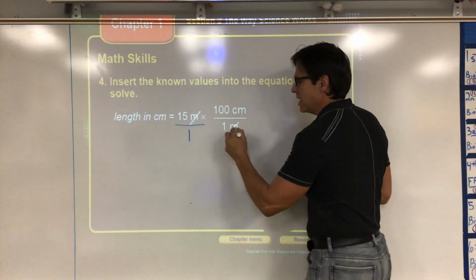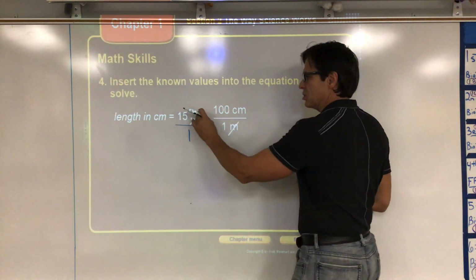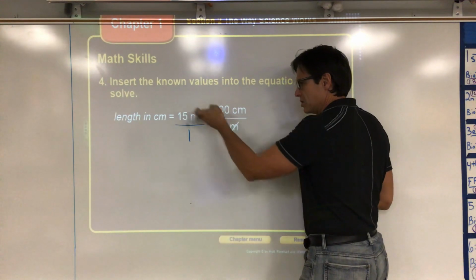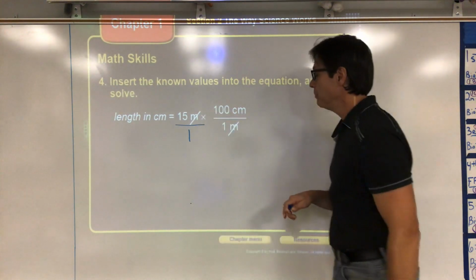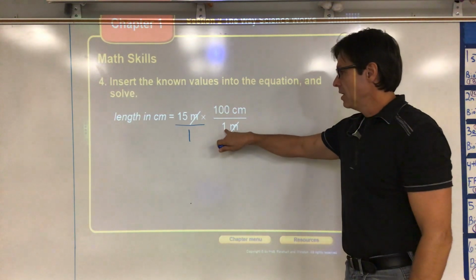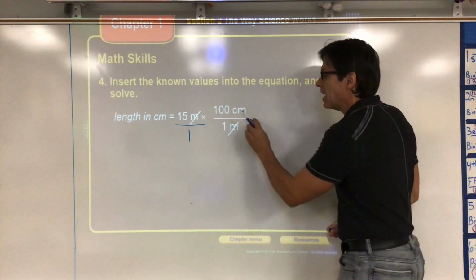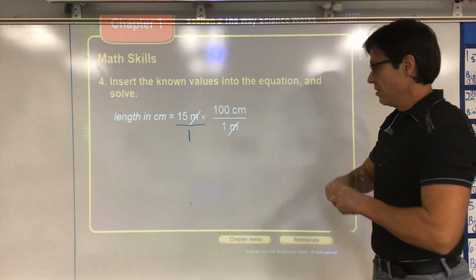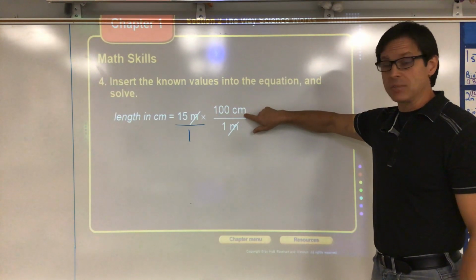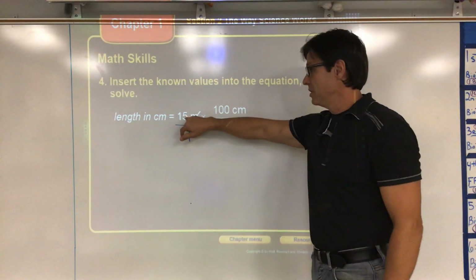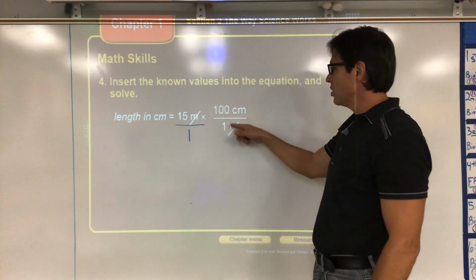If you're confused, make sure the unit of measurement that you're converting is across or diagonal from it. That's how I know my meter goes on the bottom, which is 1 unit, and what's equivalent to 1 meter is 100 centimeters above it. So first, I had the given, I put it over 1, and then I put the conversion.